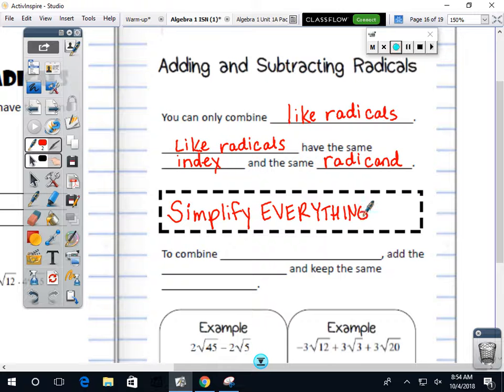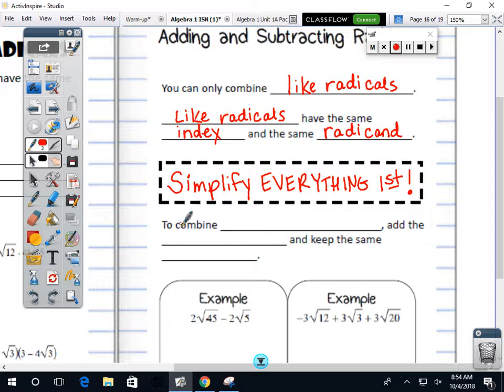I'm just going to have to write it like this because I ran out of room. Simplify everything first. Okay, which is what we learned the last 2 class periods that we were doing this.